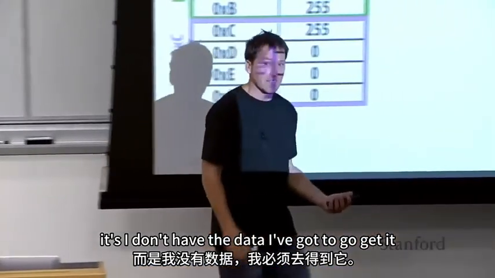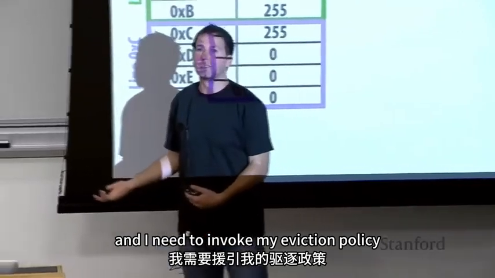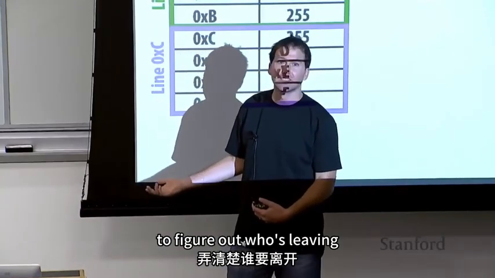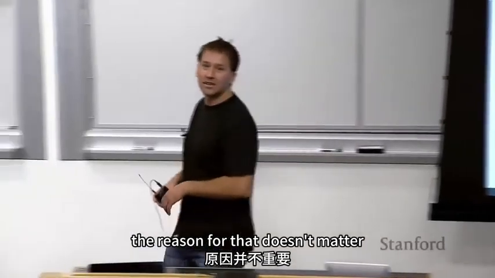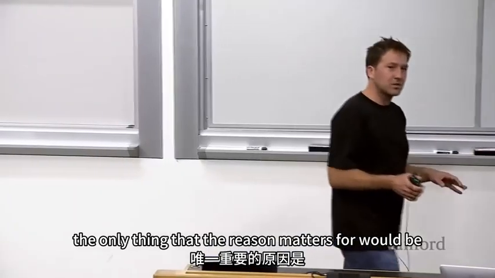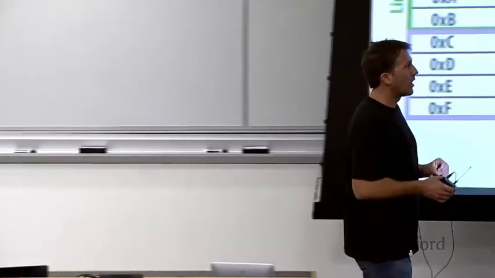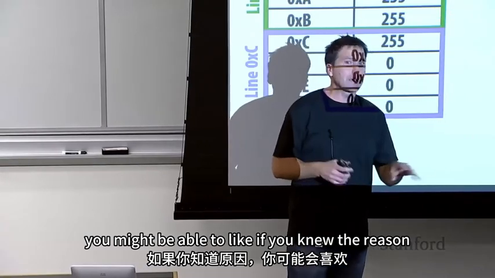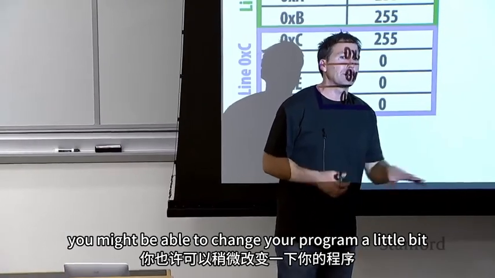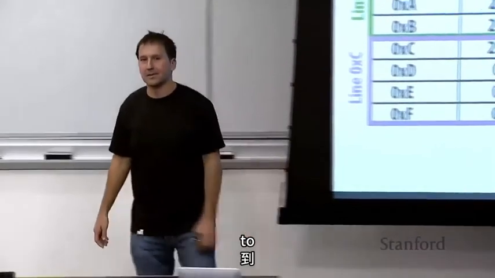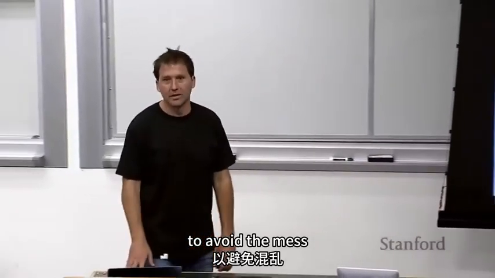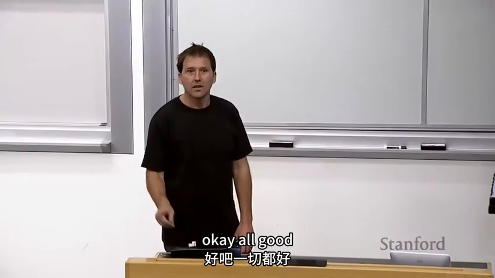I've got to go get it, and I need to invoke my eviction policy to figure out who's leaving. The reason doesn't matter. The only thing the reason matters for is that if you knew the reason, you might be able to change your program a little bit to avoid the miss. Okay, all good?